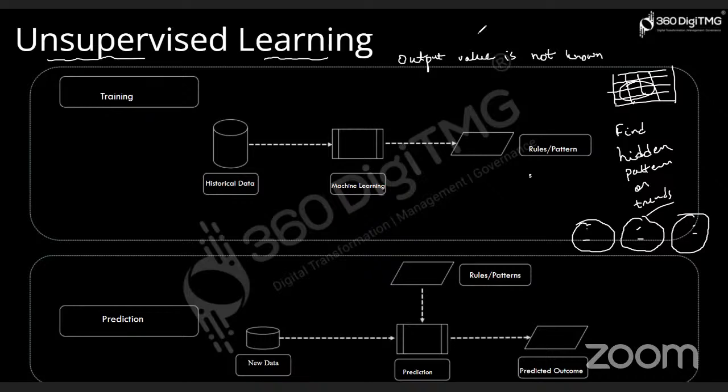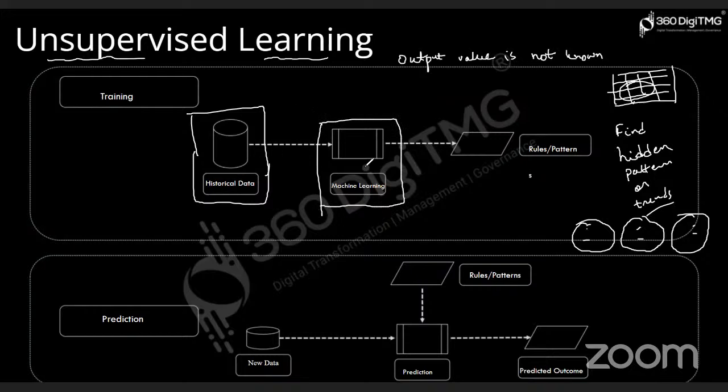So let's see how this is working. We are given historical data. We apply some machine learning techniques on this data, and we extract some rules and patterns. This is the underlying idea of unsupervised learning.